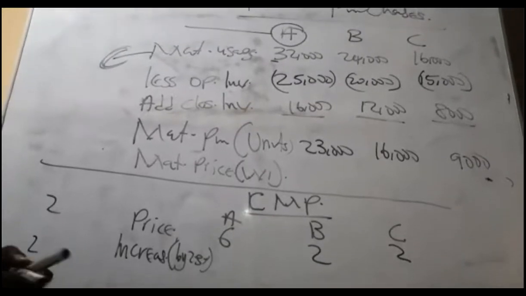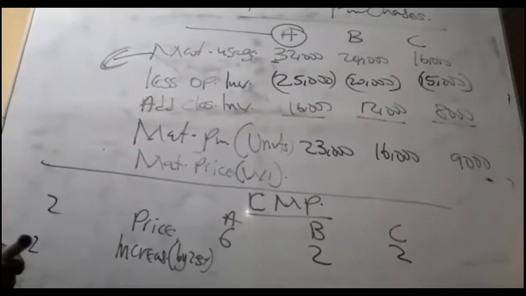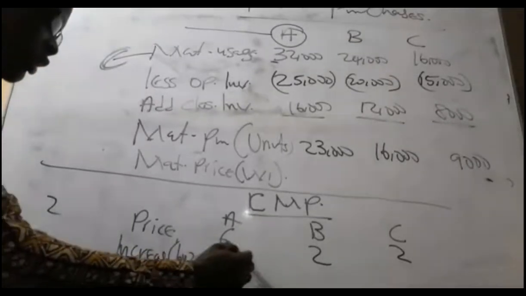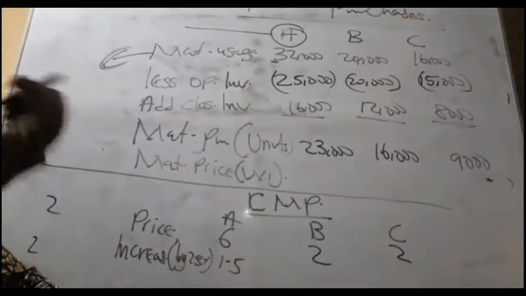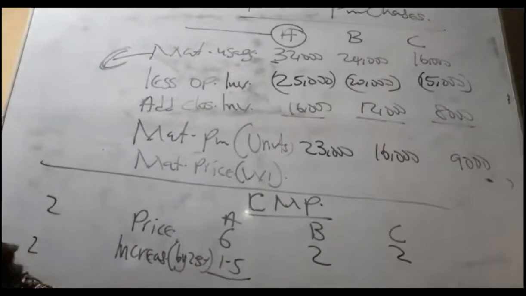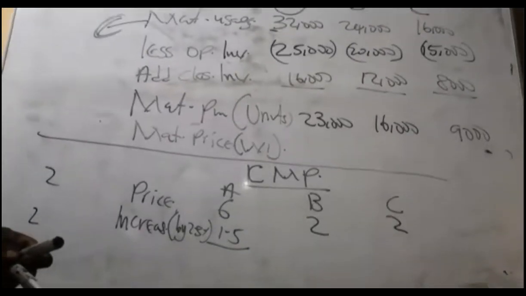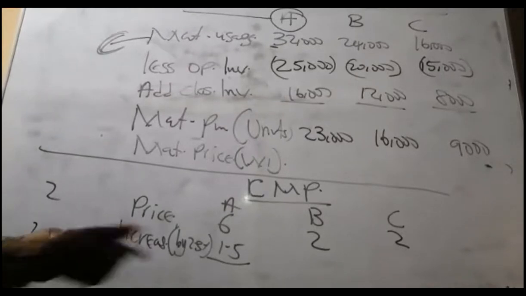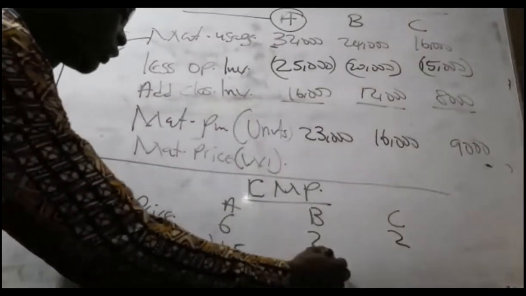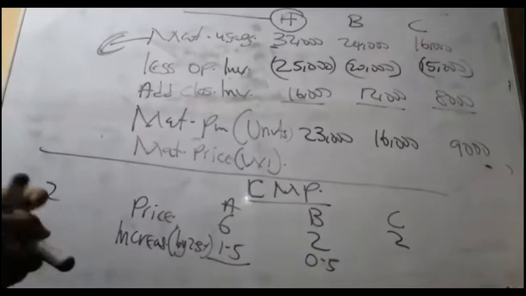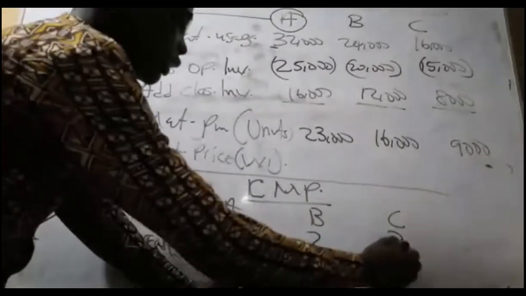So all this by 25%. So this one gives us 1.5, right? We should increase, then we add. Then the 25% of 2 will give us 0.5.